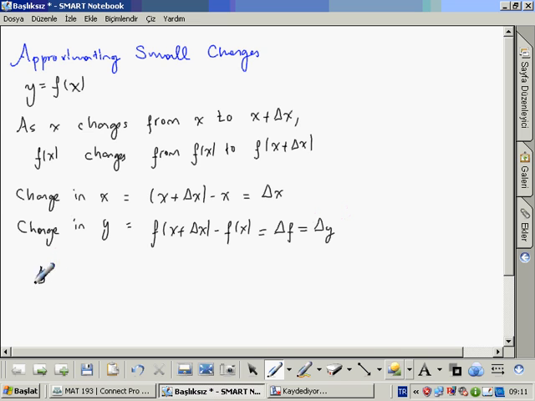And that means delta y equals delta y over delta x times delta x, and it's equal to f prime of x times delta x.